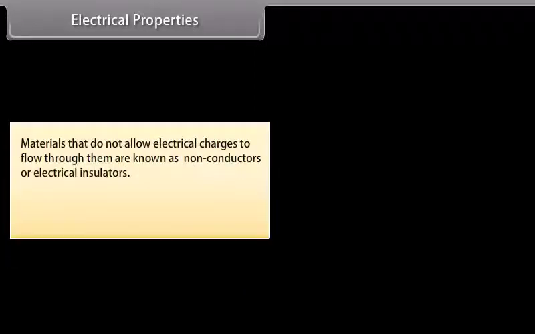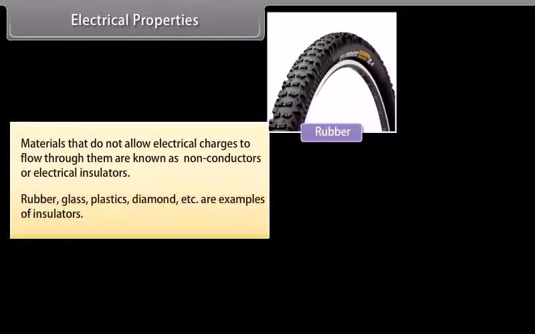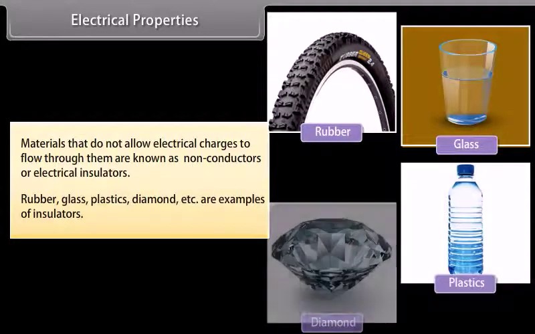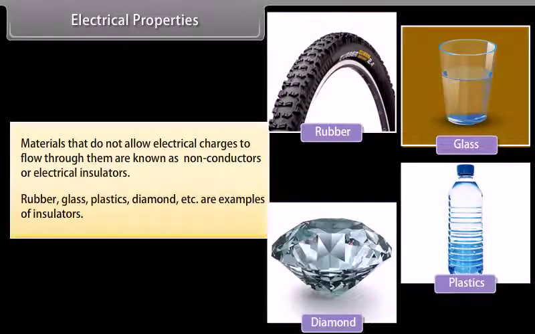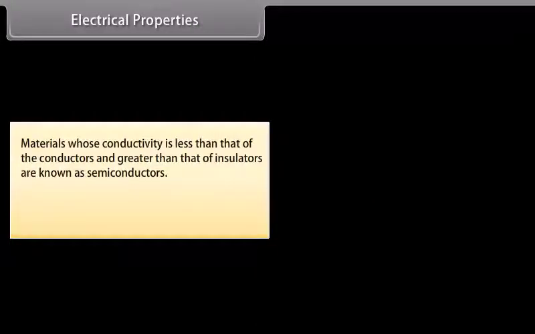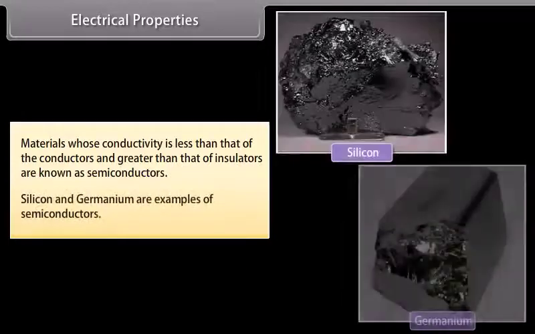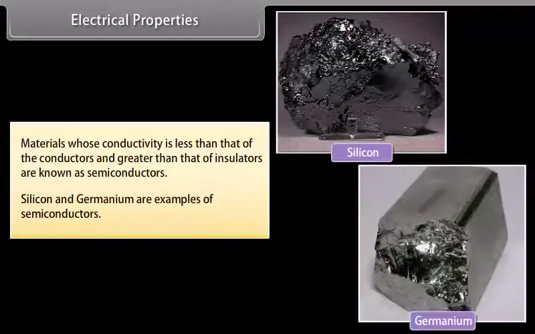Materials that do not allow electrical charges to flow through them are known as non-conductors or electrical insulators. Rubber, glass, plastics, diamond, etc., are examples of insulators. Materials whose conductivity is less than that of the conductors and greater than that of insulators are known as semiconductors. Silicon and germanium are examples of semiconductors.